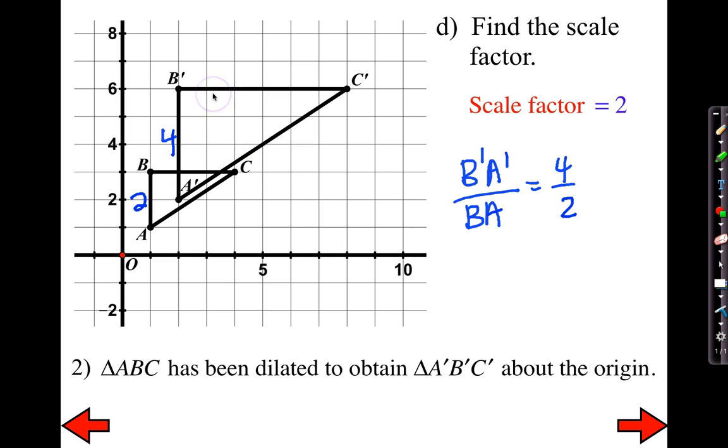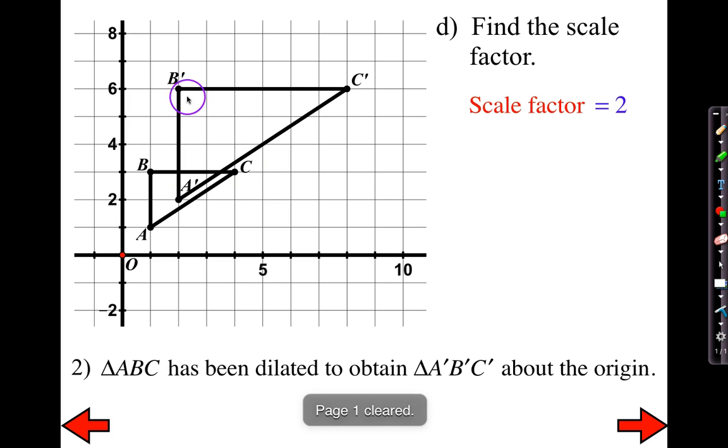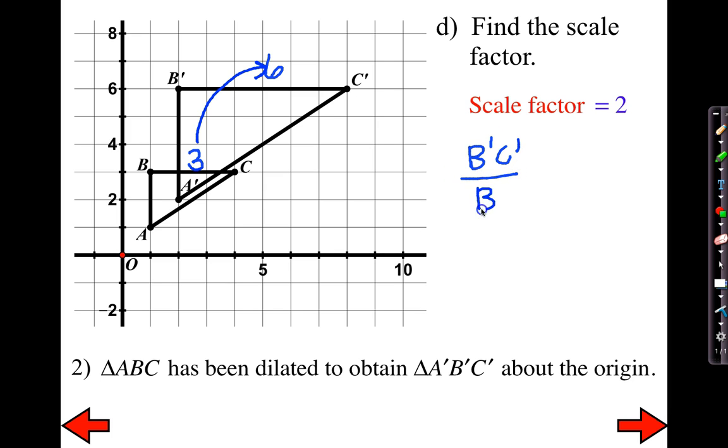Or maybe you wanted to go a different route and say, let's look at BC and B prime C prime. Well, BC is 3. B prime C prime is 1, 2, 3, 4, 5, 6. So from the pre-image to image, how did 3 become 6? Well, once again, it was doubling. But if you want to set it up as a ratio, you can go ahead and put B prime C prime over BC.